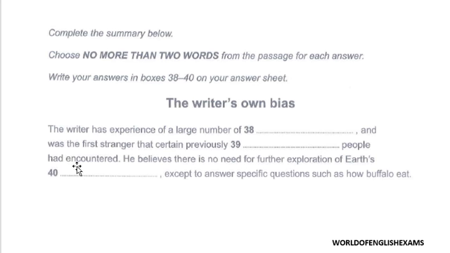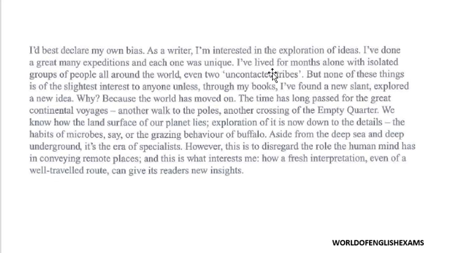So previously, it's talking about some kind of people, and he was the first stranger. So let's see what the writer is mentioning about other people. I have lived for months alone with isolated groups of people. So people were isolated. So isolated is the answer for the 39th question.